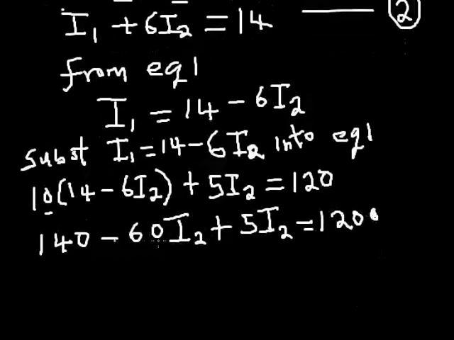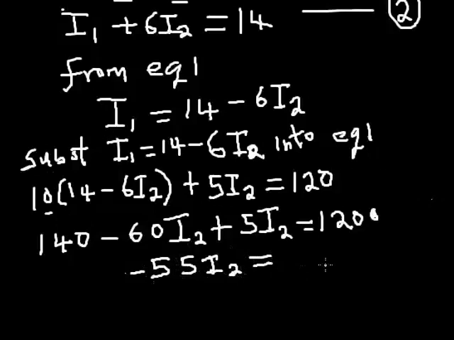Now minus 60I2 plus 5I2 will give me minus 55I2. If I take this to the other side, that's going to be 120 minus 140. That gives me 20.